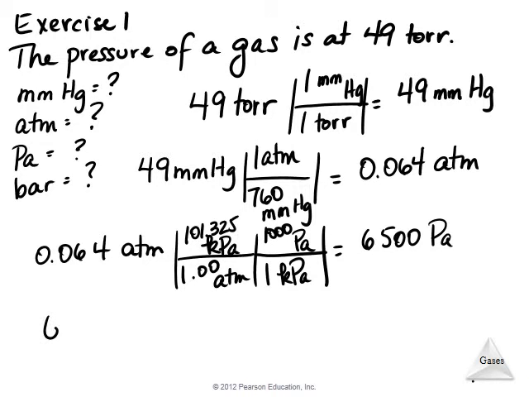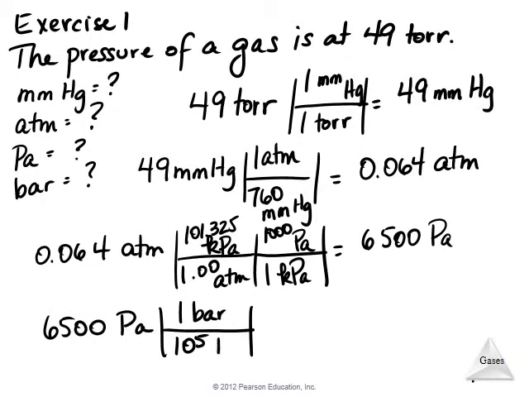So if I start with 6,500 pascals, and I say that 1 bar is 10 to the 5th pascals, then 6,500 divided by 1 times 10 to the 5th is going to give me 0.065 bar. Okay?